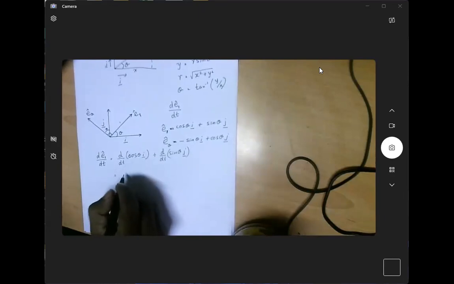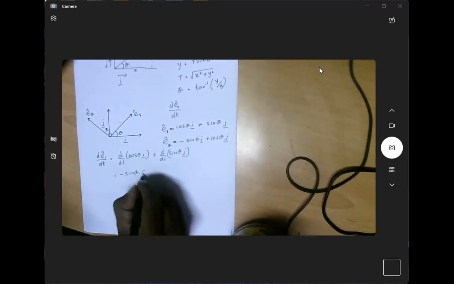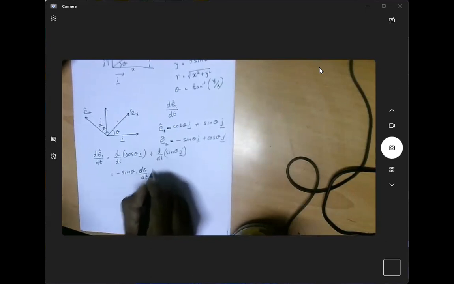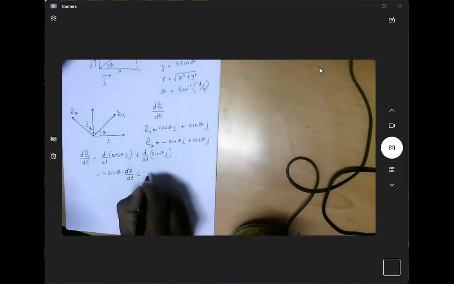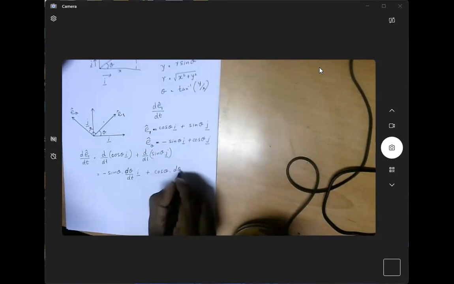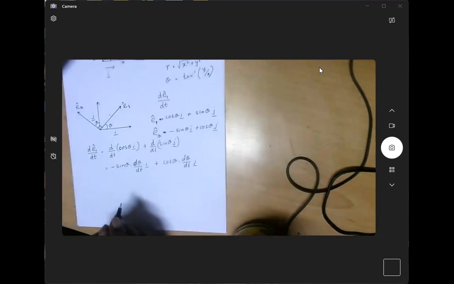Differentiation of cos is minus sin theta times d theta over dt i, plus cos theta times d theta over dt j.